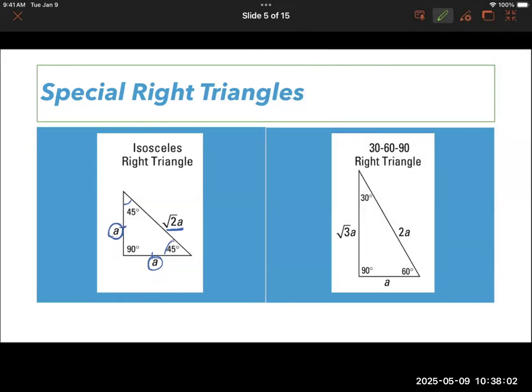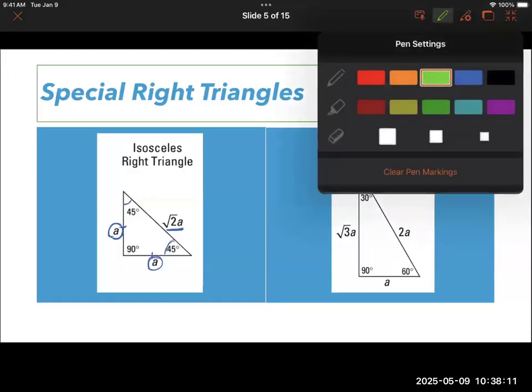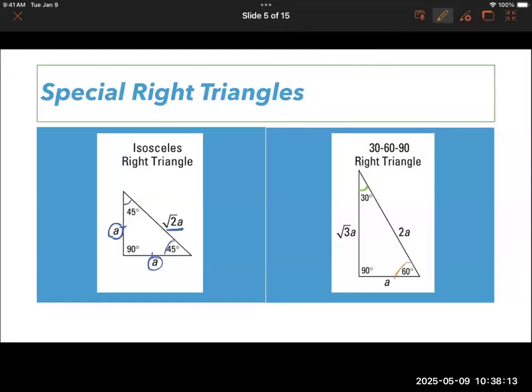Similarly, in a 30, 60, 90 right triangle, we need to know which angle is the 30 and which angle is the 60, and obviously which angle is the right angle. Now, the side, the leg across from the 30 is always kind of our starting place.